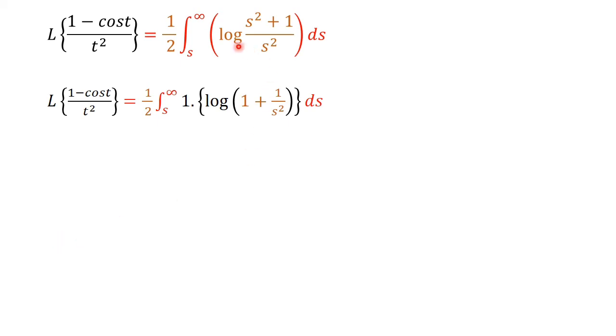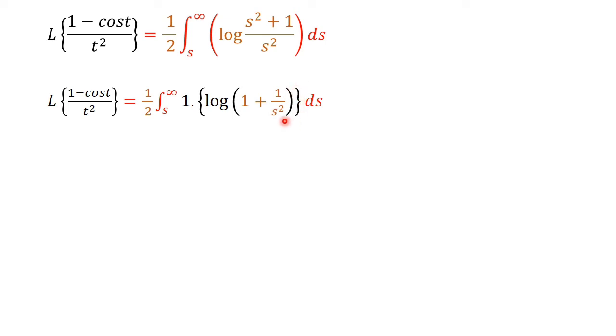We write log of (s square plus 1) upon s square as log of 1 plus 1 upon s square. You can multiply and check, both are similar. When we multiply with 1, in the numerator part we get s square plus 1 and in the denominator part we get s square. So both are similar. We also write log of 1 plus 1 upon s square as log of 1 plus s to the power minus 2.